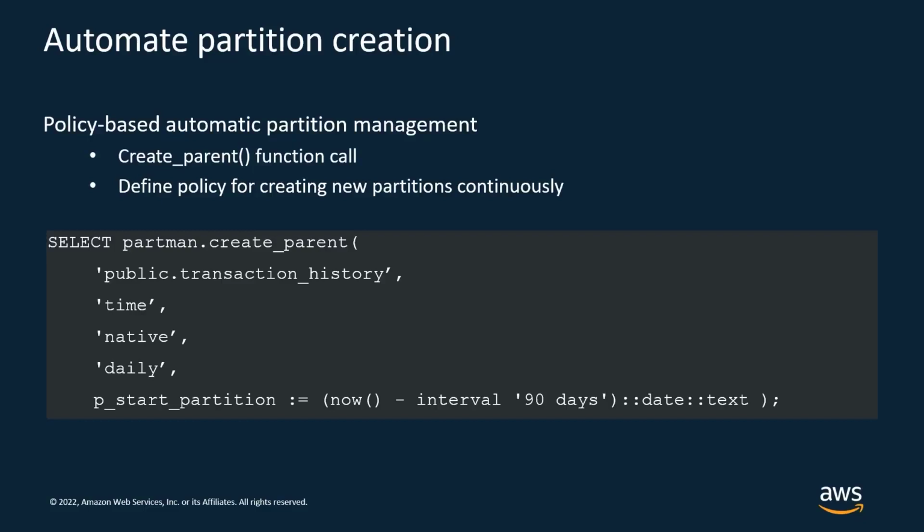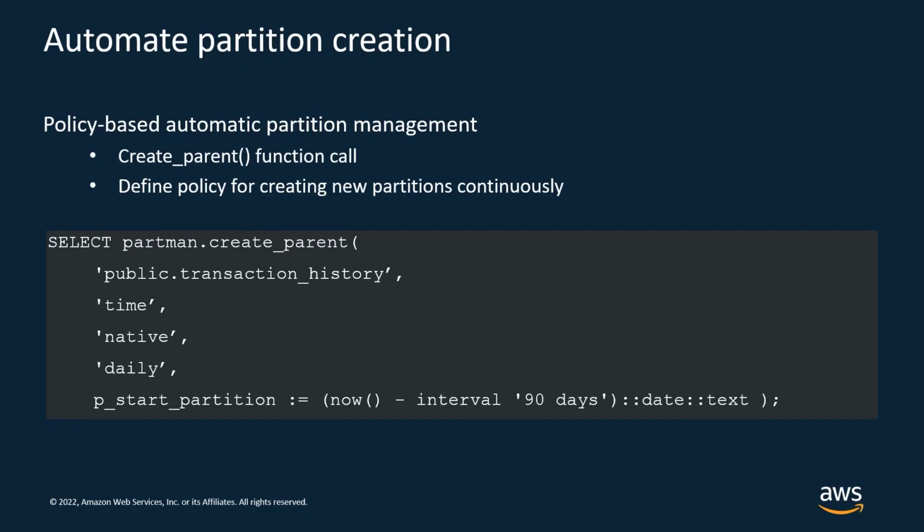pg_partman by default creates 4 partitions ahead of time. Here, with the create_parent call, we are looking at about 94 partitions with the initial partitioning setup. pg_partman will take care of the ongoing creation of new child partitions continuously.